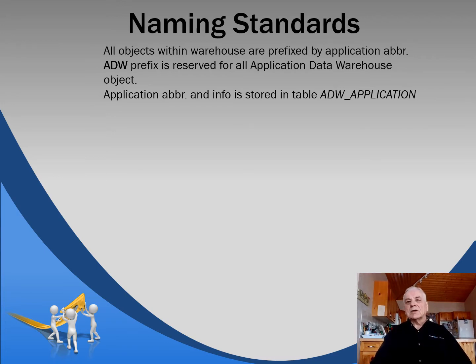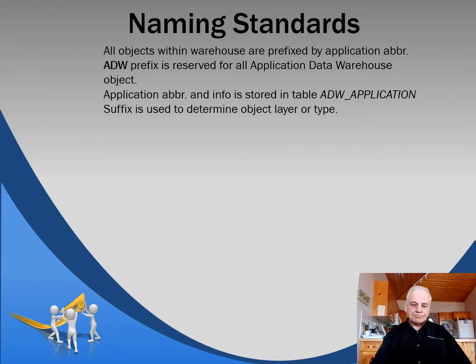I would have an IDW project, or I'd have an LPS project. So I could have multiple project tables, but each one of them is different based upon the application. Now, all the application abbreviations and information are stored in an ADW application table. And I'll explain a little bit about this application table later, which is fairly critical and strategic in helping you document and maintain your application.